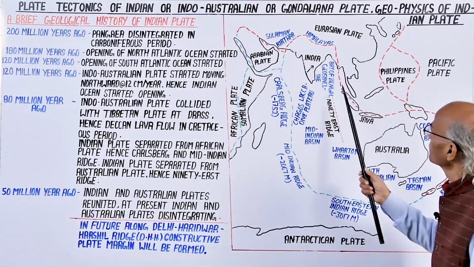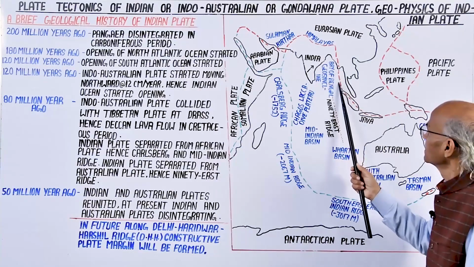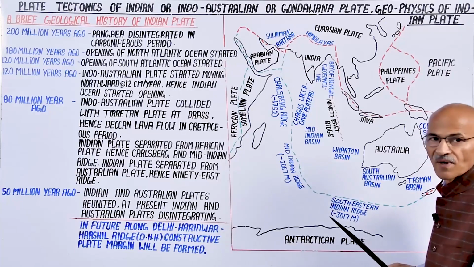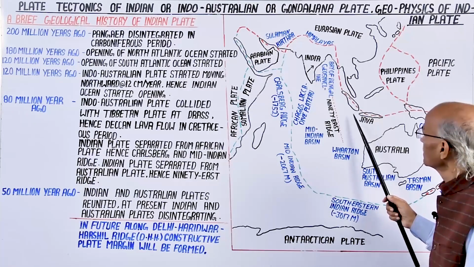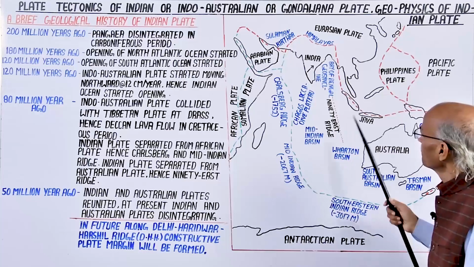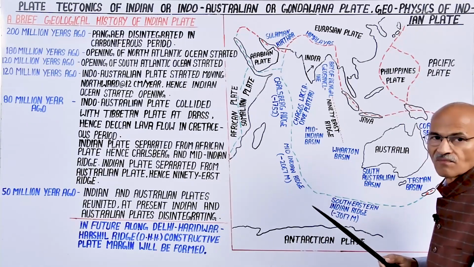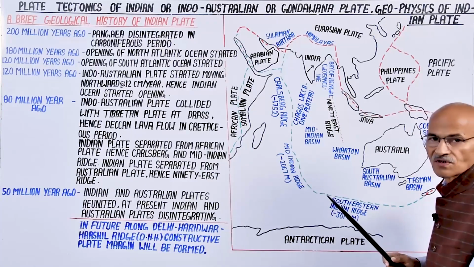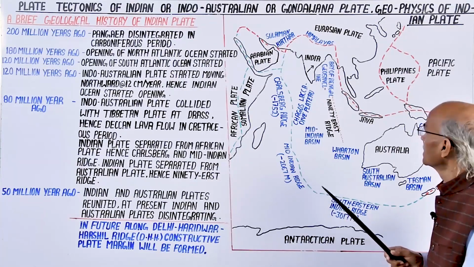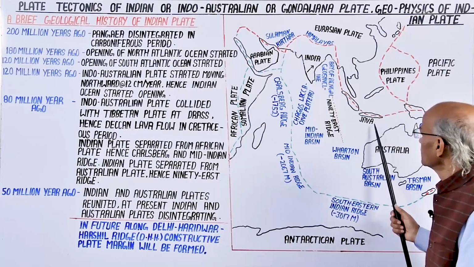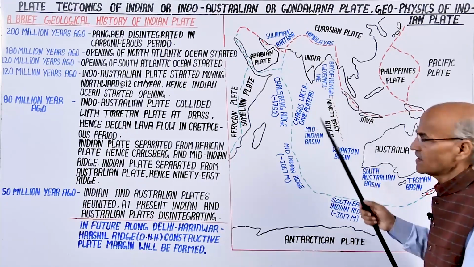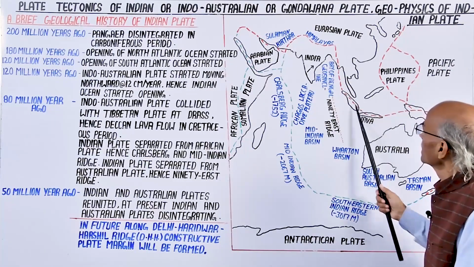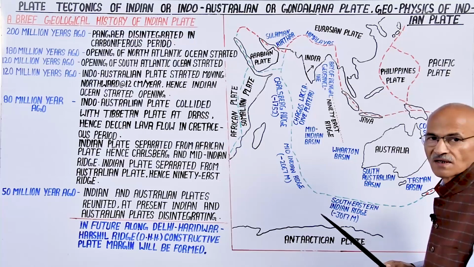And one noteworthy thing here is that along Sumatra and Java there is a destructive plate margin. It is the northeastern plate margin of the Indian plateau. Geophysically, it is also very attractive and questions may be asked. Generally in Java, Sumatra, and here in Andaman, like Barren, a number of volcanic activities take place.